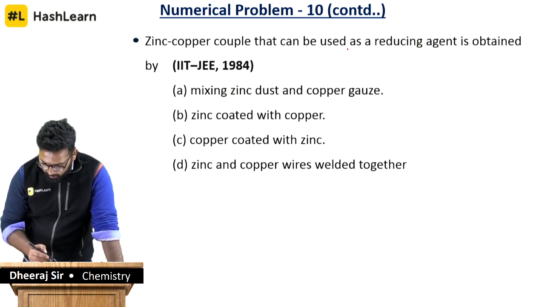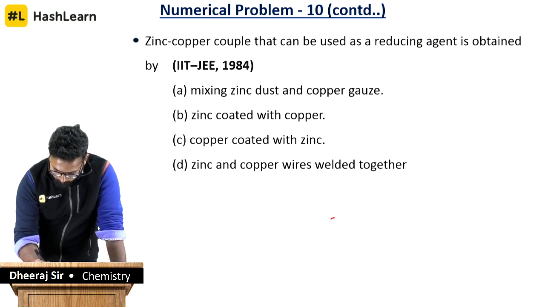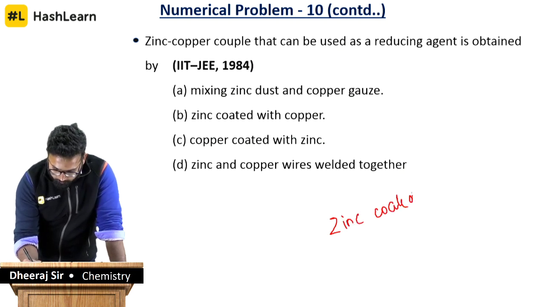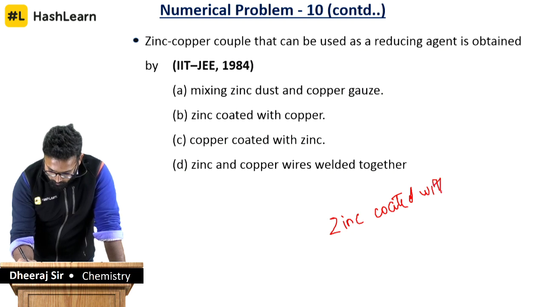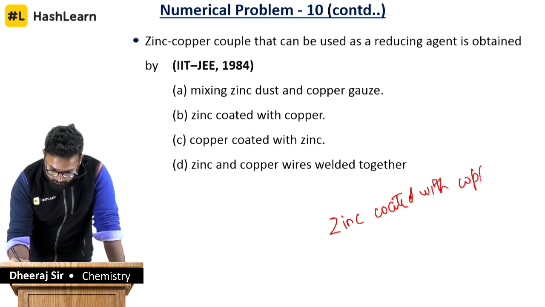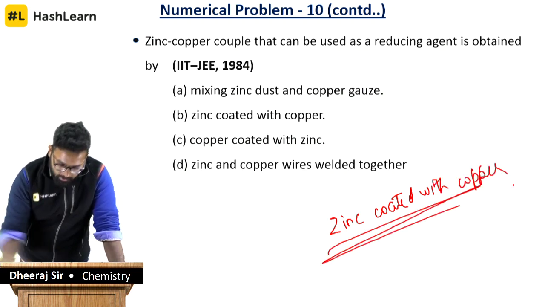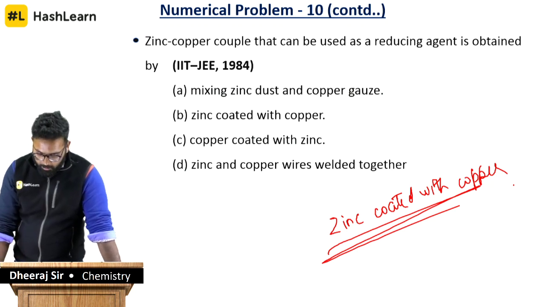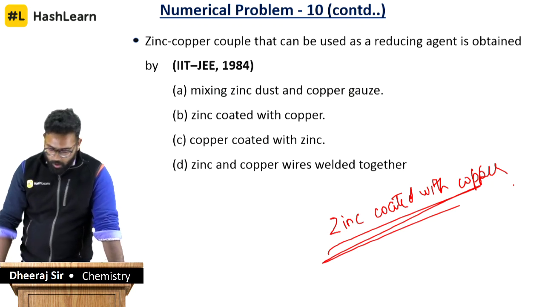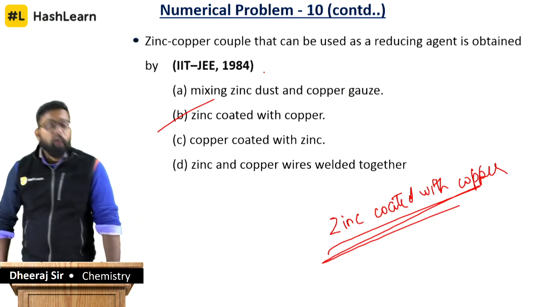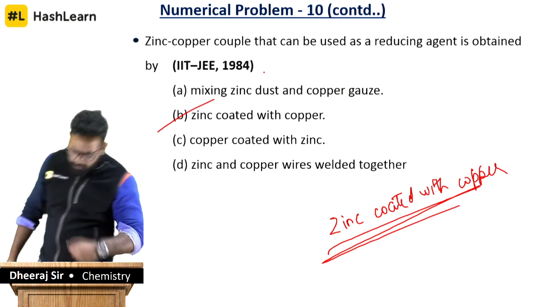It is obtained by zinc coated with copper. So straight away you can say it is option B. If you want to know more information about it, I can give you the information.